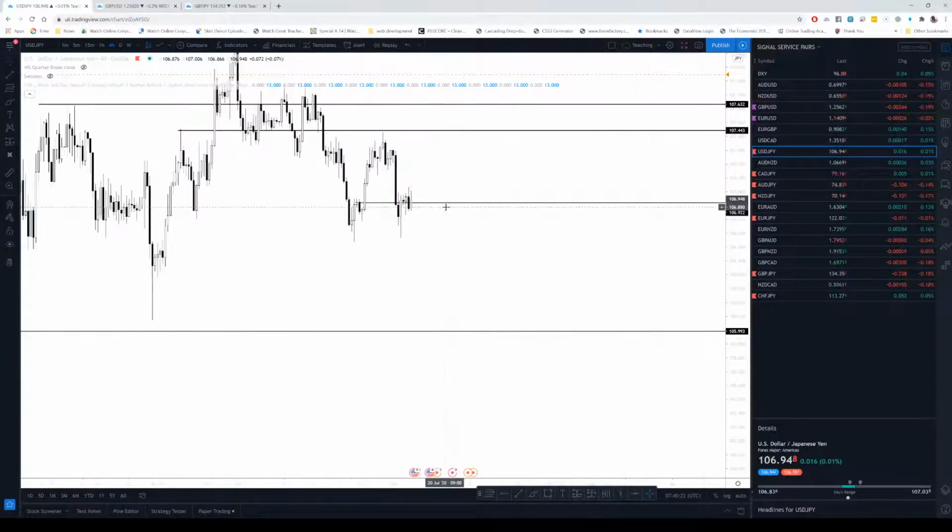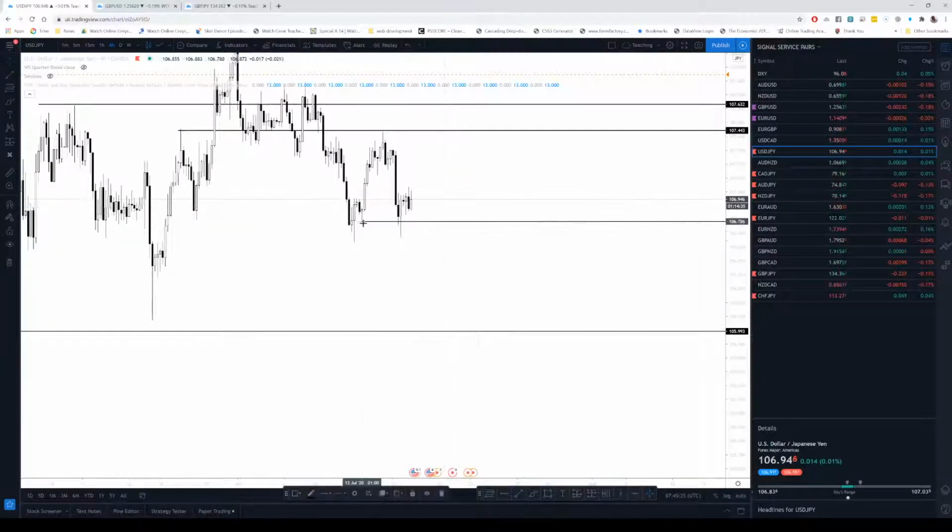I would say we are forming something of what I've just shared with you now. This low, because we are bearish, is giving a short-term bounce.